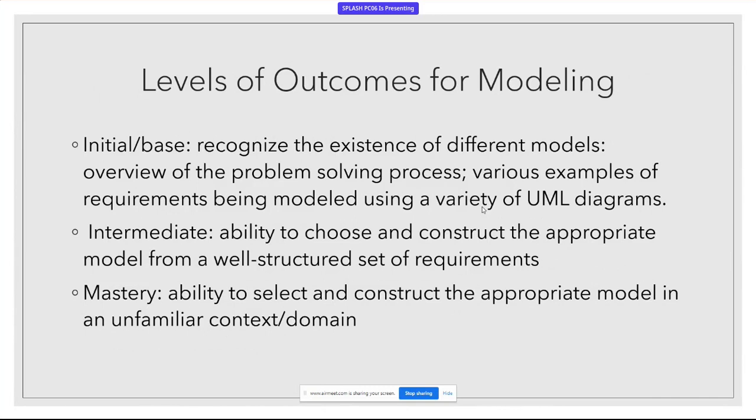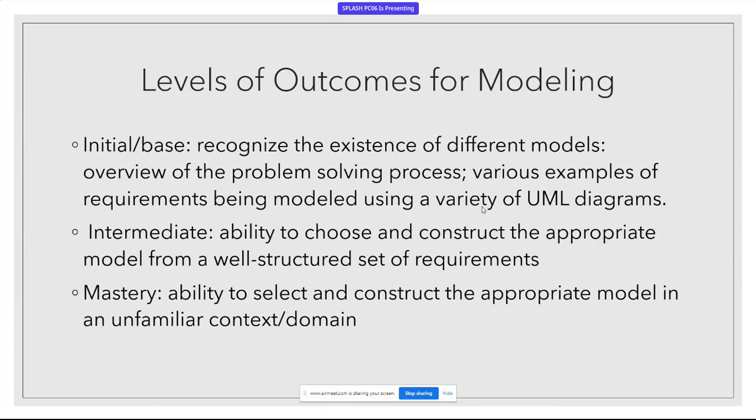And then we take them through an intermediate stage where we have examples of well structured problems, requirements that are taught in the classroom. They do activities, there is formative assessment, and so on.